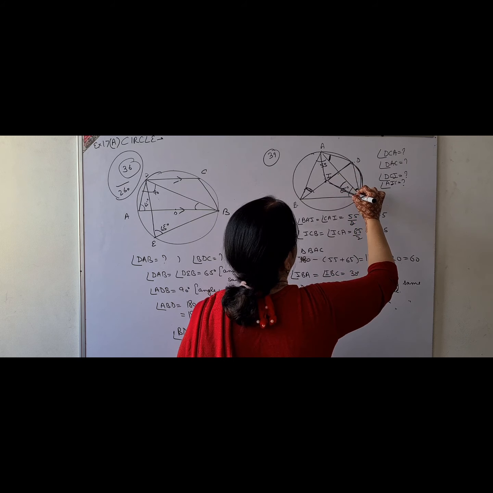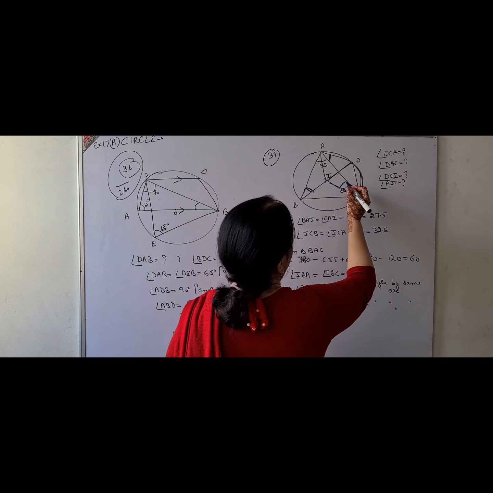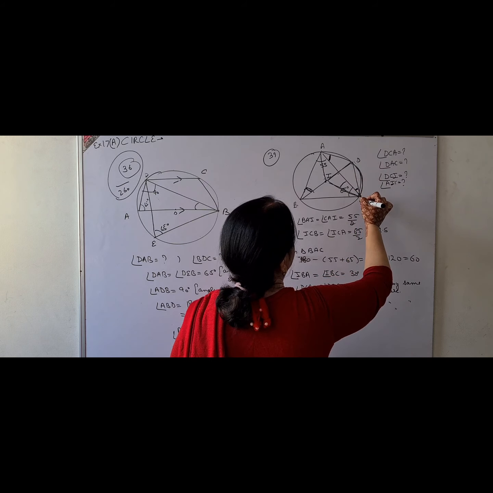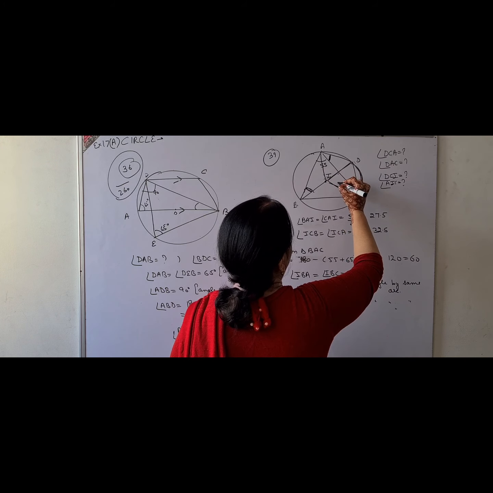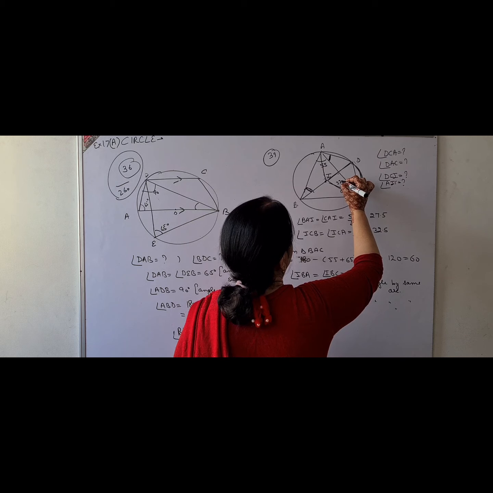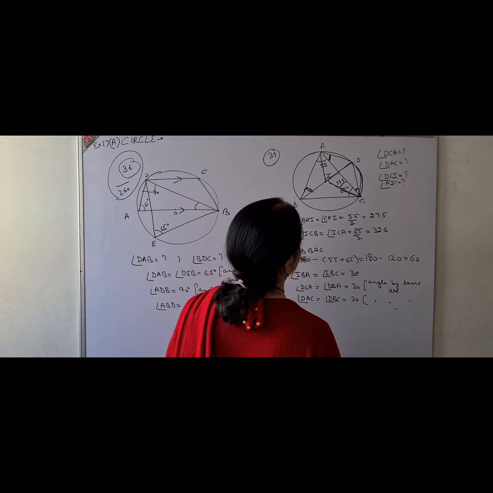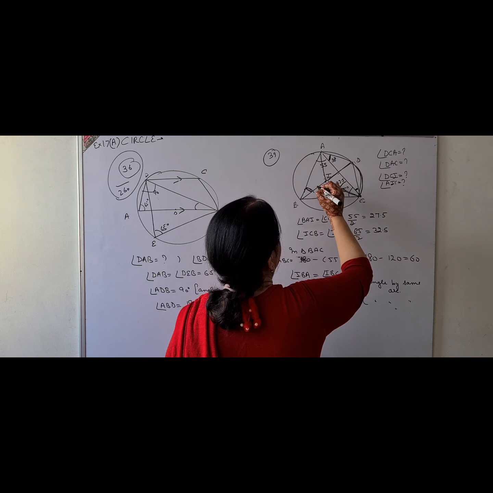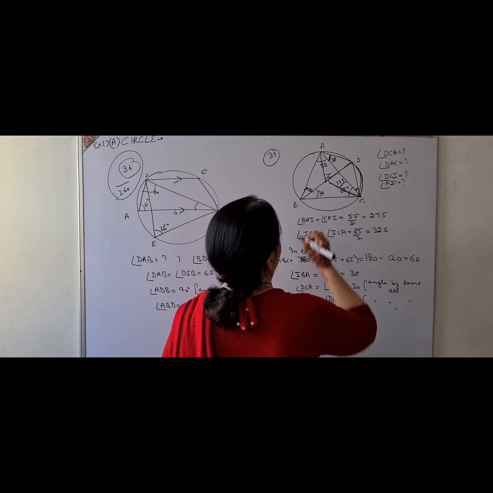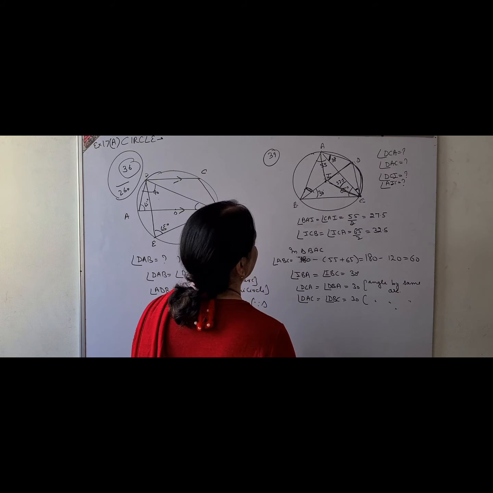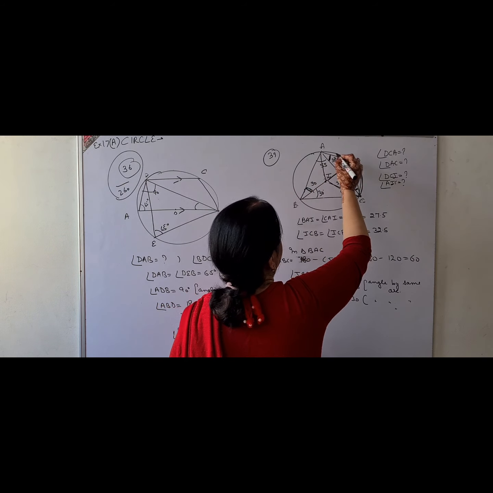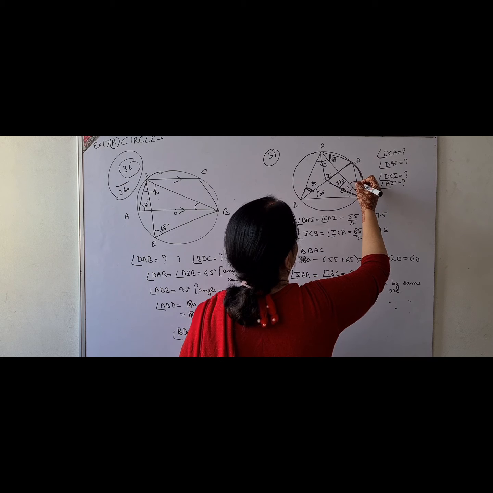Very simple again, nothing to be worried about. See, angle ICA is 32.5. This angle is 30 because angle DBC is 30, angles by the same arc. Again, angle ABD is 30, so ACD is also 30.